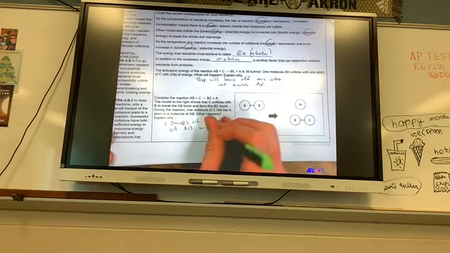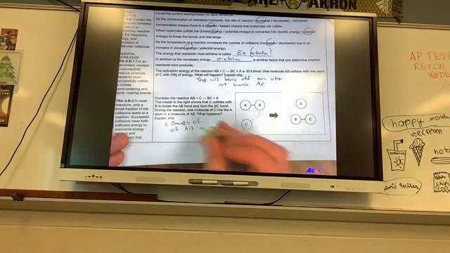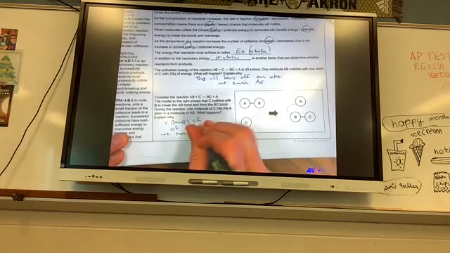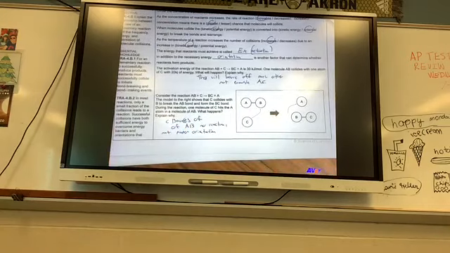There's no reaction. Why? Well, not proper orientation. So they have to be ordered in the right way.